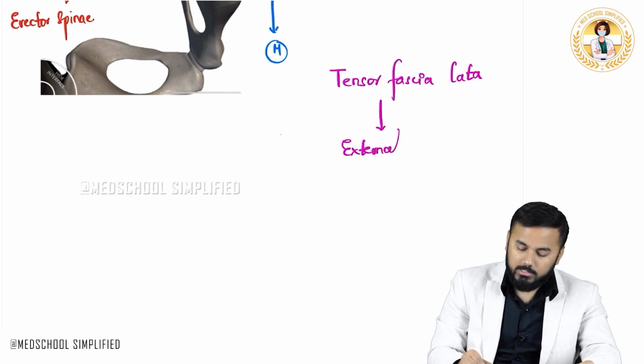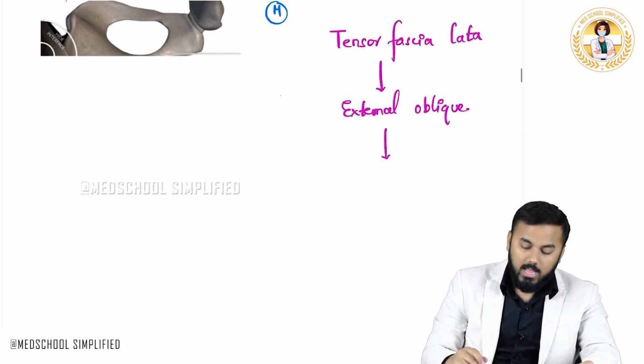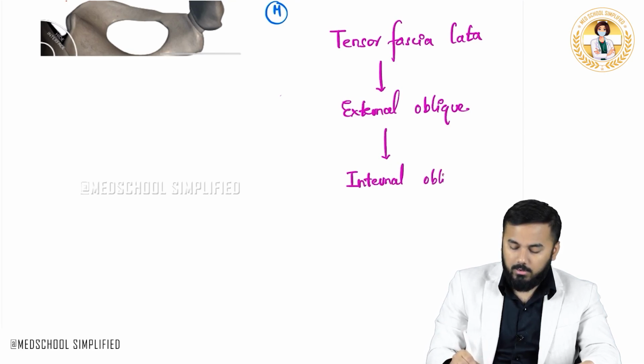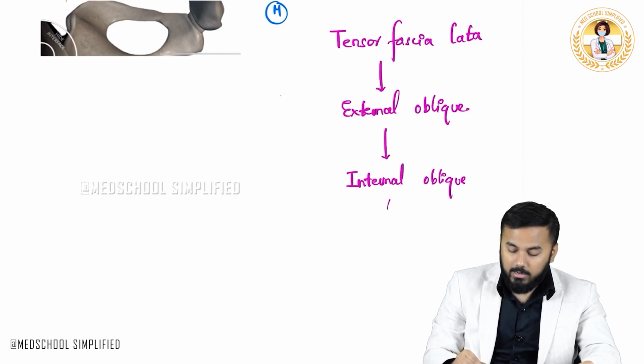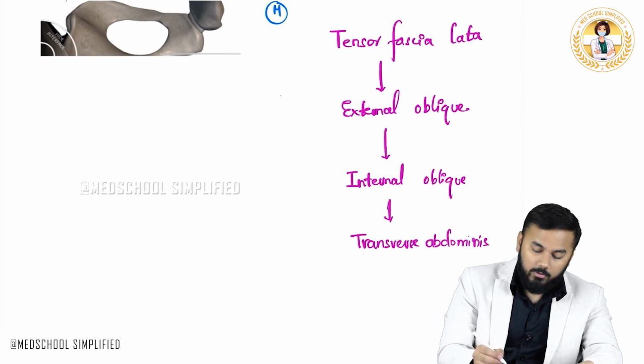Again, the order I am writing is from lateral to medial. After external oblique, the next muscle is internal oblique. After internal oblique, the next muscle is transversus abdominis.